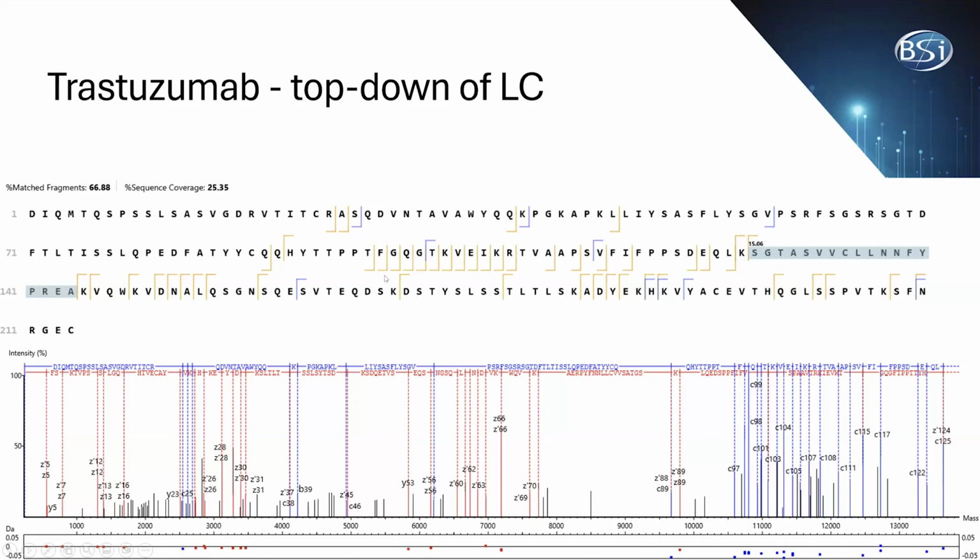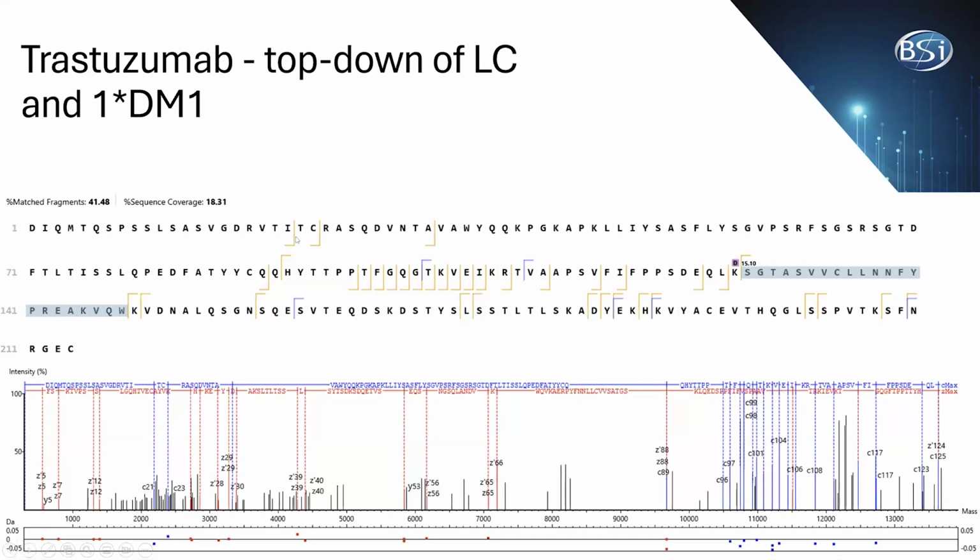And for the light chain, again, we have fairly good sequence percent coverage and fragmentation of the unconjugated form. However, this percent sequence coverage is a bit lower when we've identified a conjugated form. But here is an example of how we're able to localize DM1 conjugation to this particular residue.